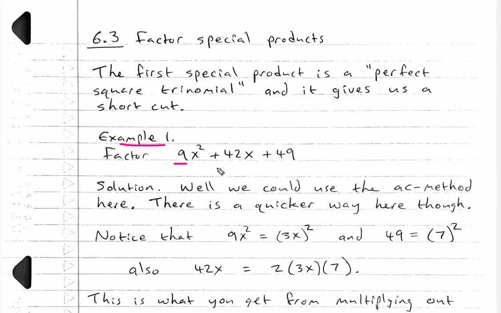But you can see if you multiply a by c, you're getting 9 times 49, so these are big numbers. We'd like to avoid using the AC method if we can. So there is another way to do this particular one.